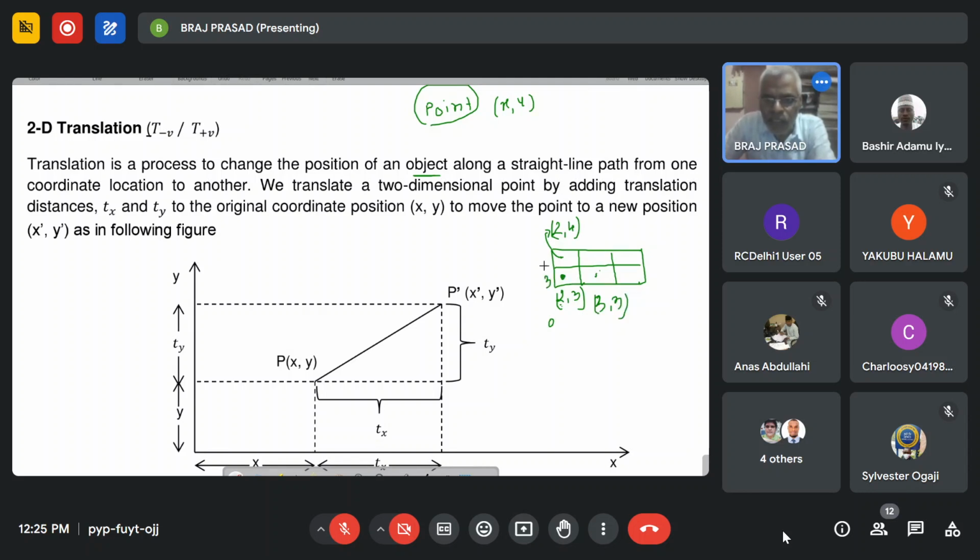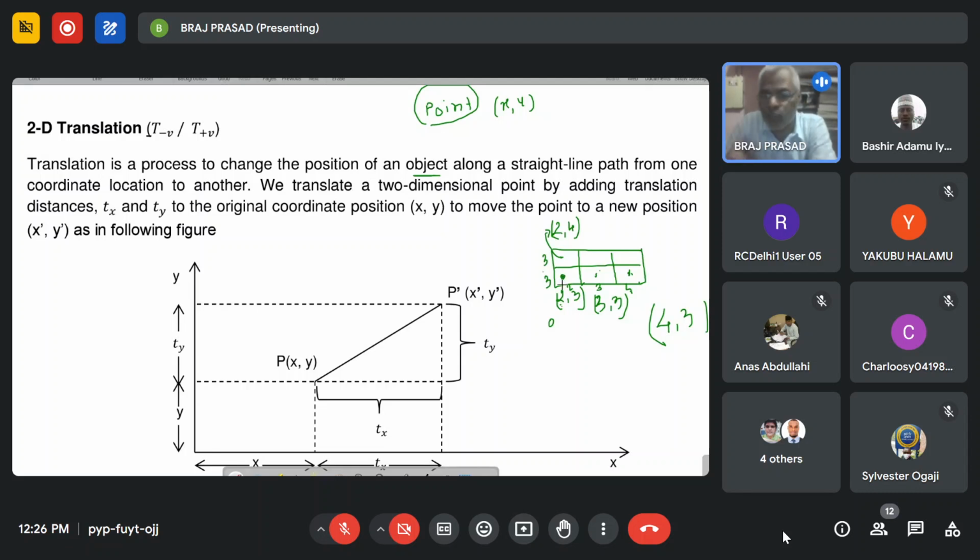This is our 3, this is our 4, this one is our 2, 3 and 4. So the coordinate of this cell will be x value 4 and y value 3. So we can calculate the coordinates of all other points. If we can calculate the coordinate of a single point, then we can also calculate the coordinates of other points by using the same rule.